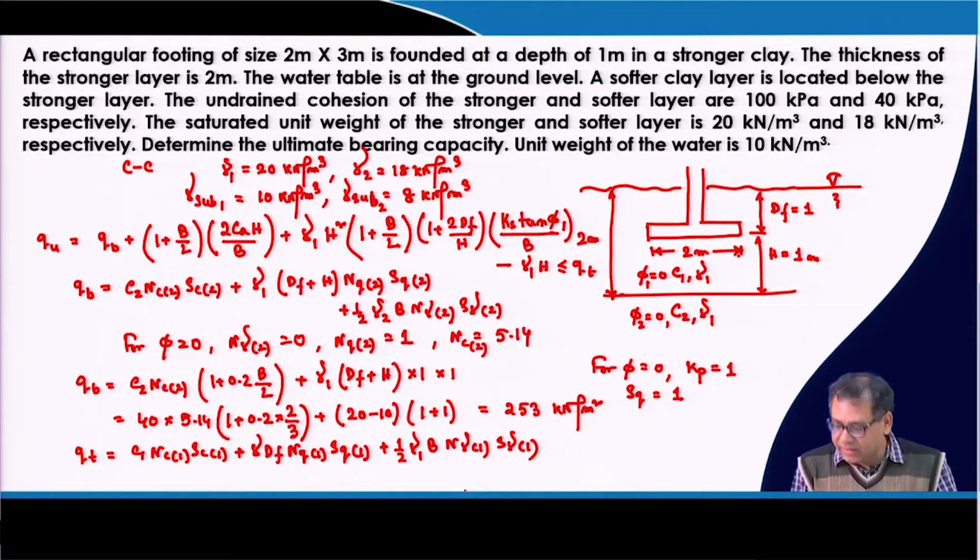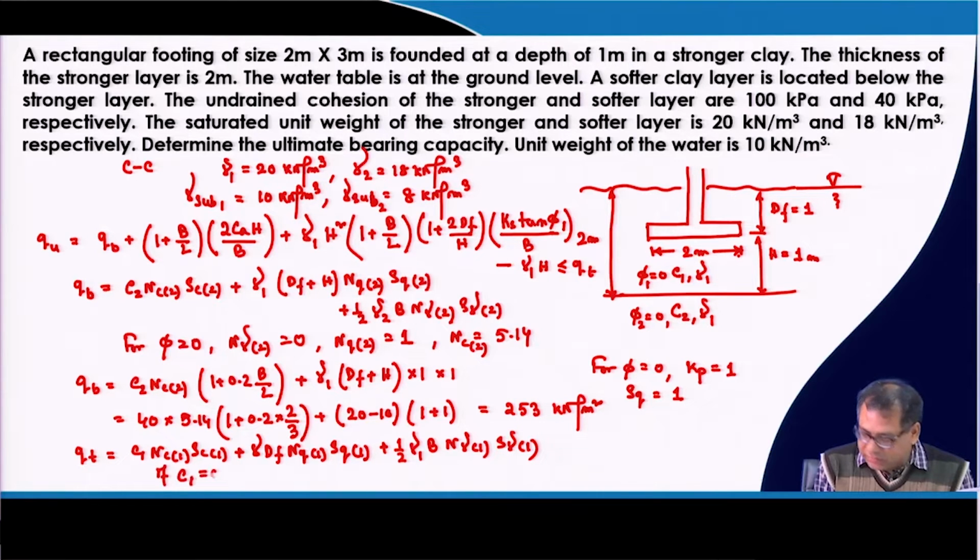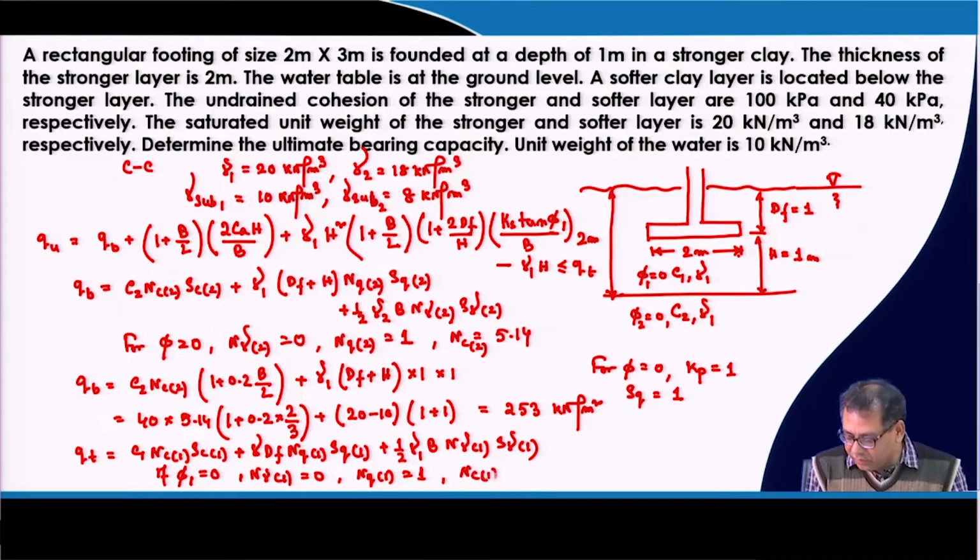This is the general equation, but in the top layer, phi 1 equal to 0. So again these conditions will be applied: N gamma 1 will be 0, NQ1 will be 1, and NC1 will be 5.14.